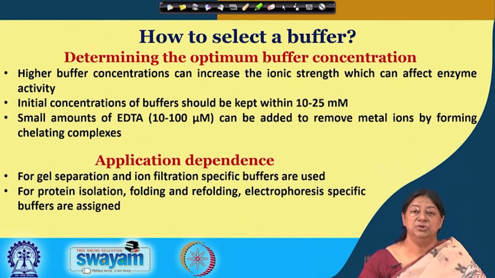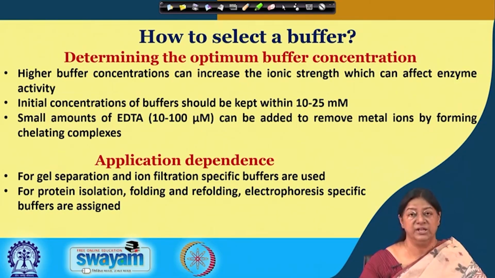Then the buffer chosen also has to depend on the experiment being conducted, whether it is an enzyme activity assay, gel separation, ion filtration, or any specific biochemical technique that is going to be considered. The optimum buffer selection also depends upon the experiment to be conducted.